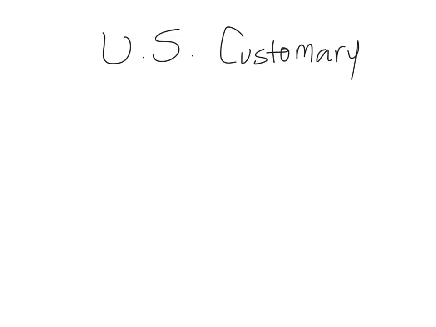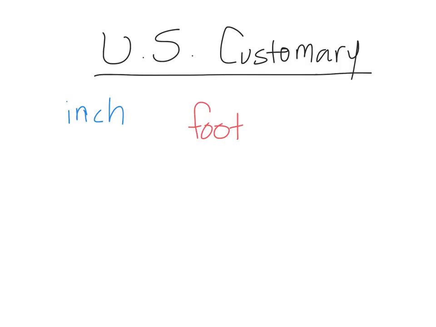Now, in the United States, we use what is called the U.S. customary unit, where our main unit is the foot. Now, everybody's foot is very close to the actual distance of a foot. It's not exact, but it is close. Now, we have a smaller unit, which is the inch, and we have a larger unit, which is the yard.